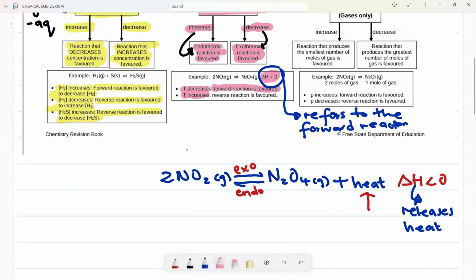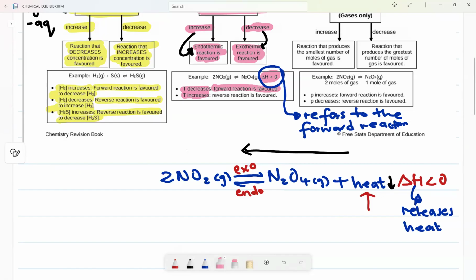What will Le Chatelier try to do? He will say, hey, you have more heat. Instead of having more, just transfer heat to the other side so that we try to balance our system. Of course, it cannot disagree because it wants to be at equilibrium. After taking heat to the other side, the heat will decrease.